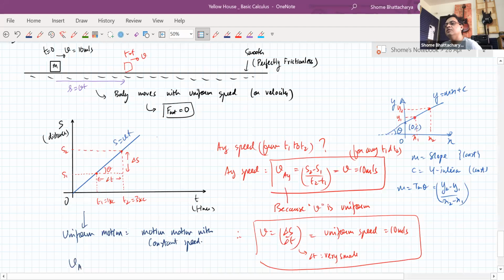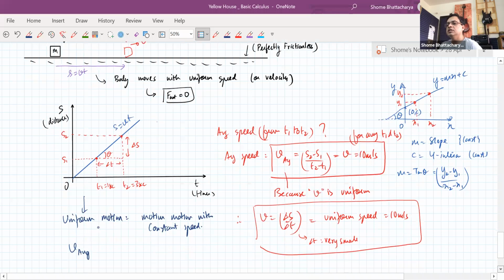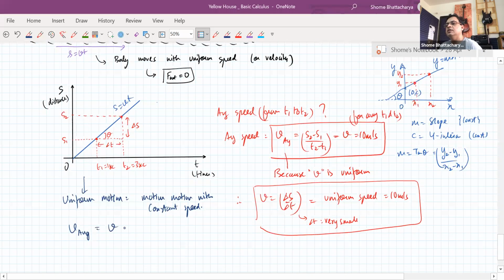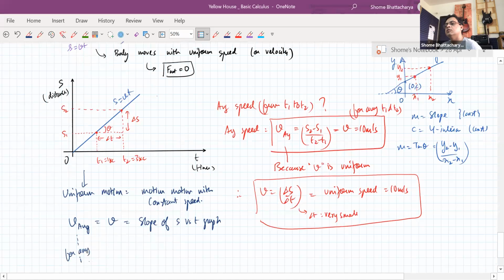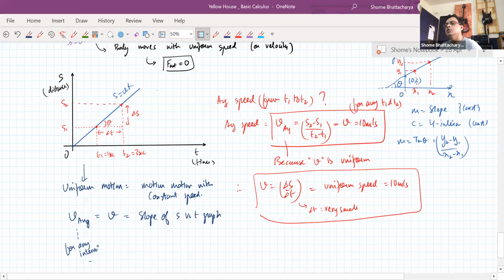We have average velocity or average speed for any interval of time equal to instantaneous speed at any instant, which is equal to the slope of the S versus T graph. So average speed for any interval during the motion is equal to instantaneous speed at any instant during the motion is equal to the slope of the graph.